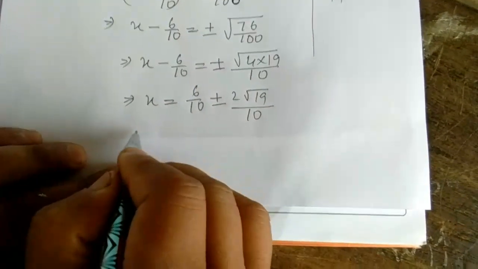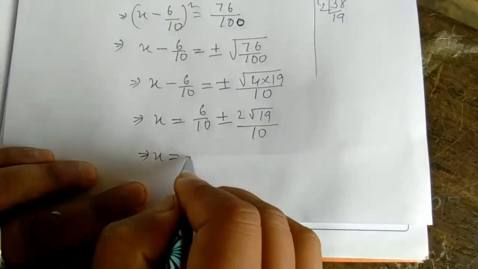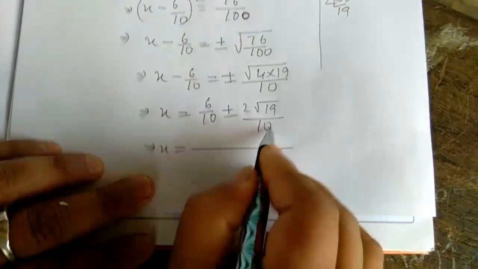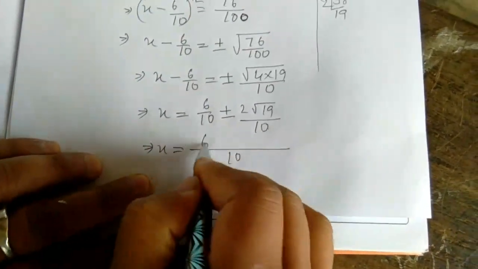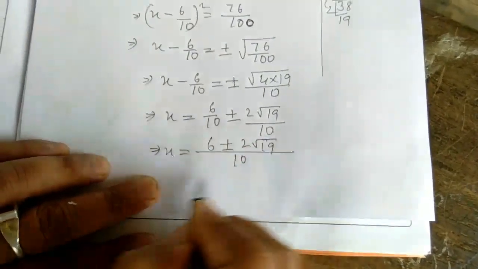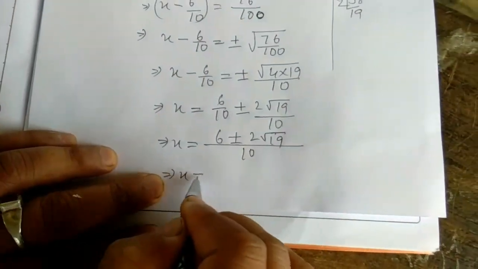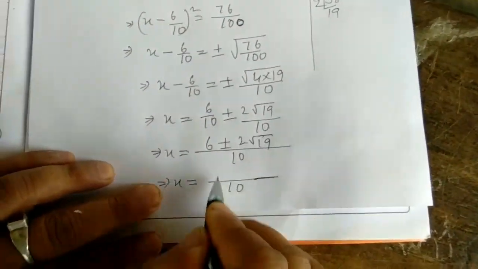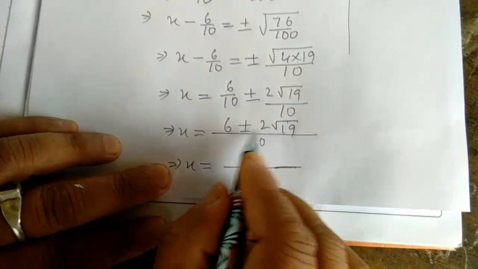Next step, you have to find the LCM. You have to take the LCM. LCM of 10 and 10 is 10 only, so it is 6 plus minus 2 root 19 by 10. x equal to that. Take common in the numerator. What common can we take?